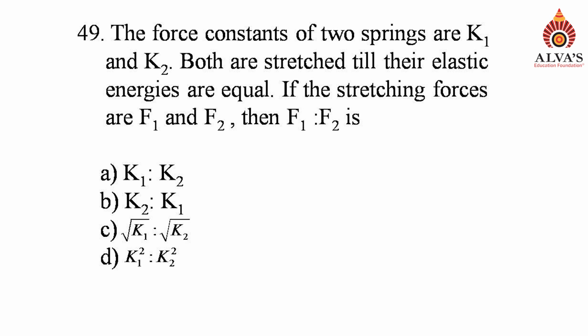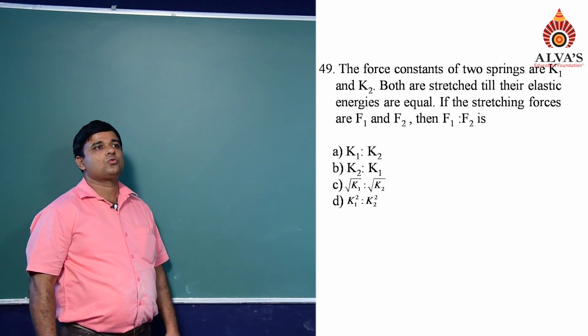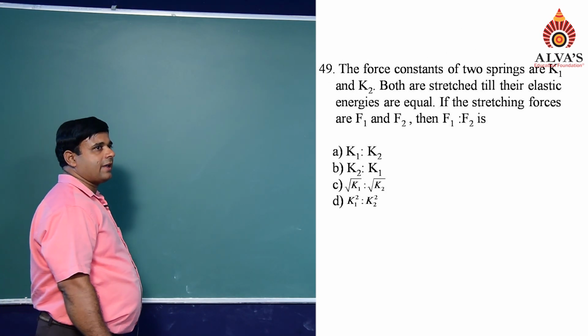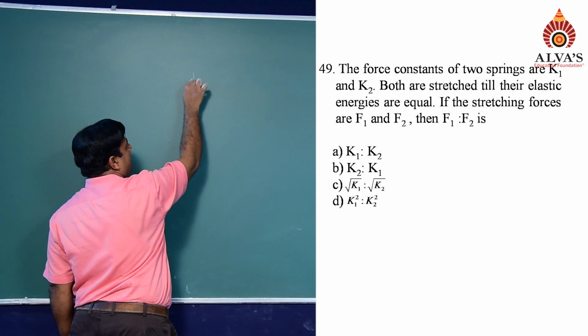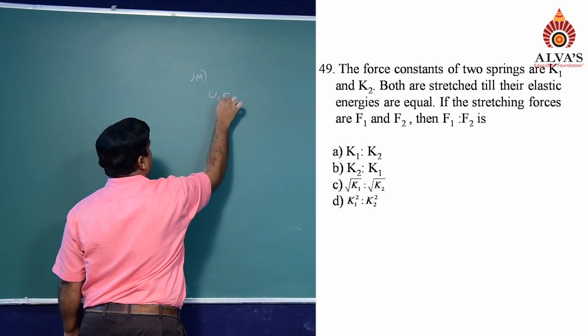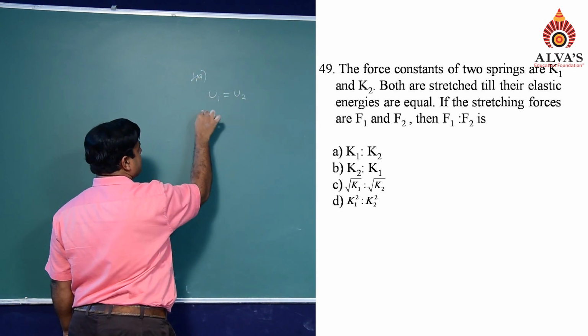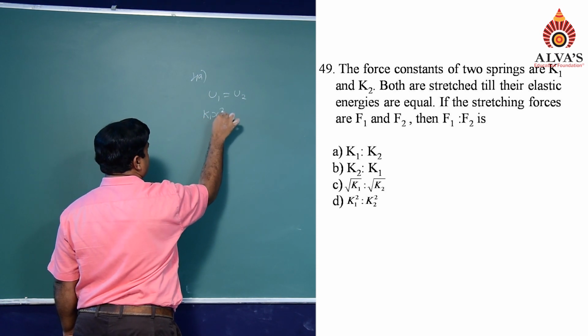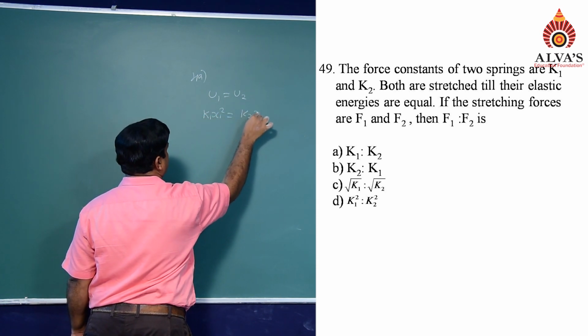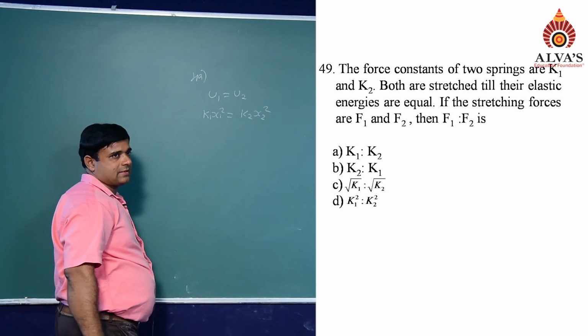The force constants of two springs are K1 and K2. Both are stretched till their elastic energies are equal. If the stretching forces are F1 and F2, then find the ratio of F1 and F2. So, two springs are given, they have the same elastic potential energy. So, U1 equal to U2 can be written as half K1 x1 square equal to half K2 x2 square. Half cancels out.